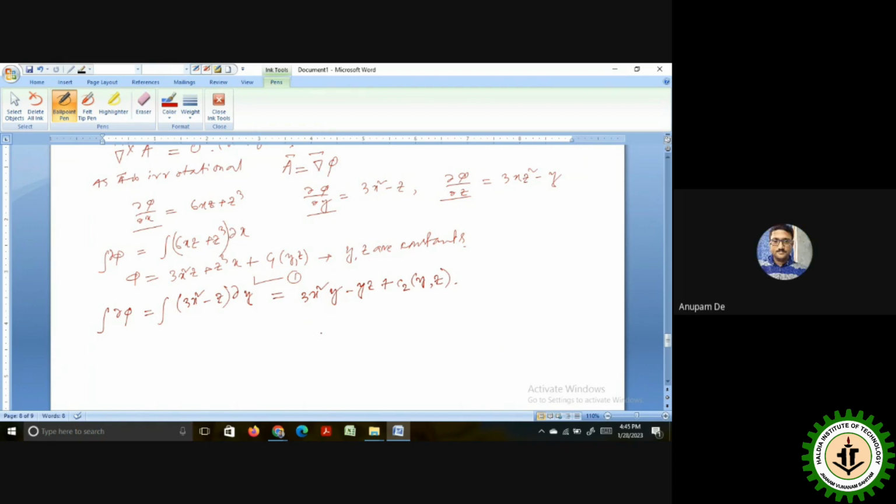Have I done any mistake? Sorry, c2 will be a function of x and z. I have done a mistake. This is not 6xz but 6xy.